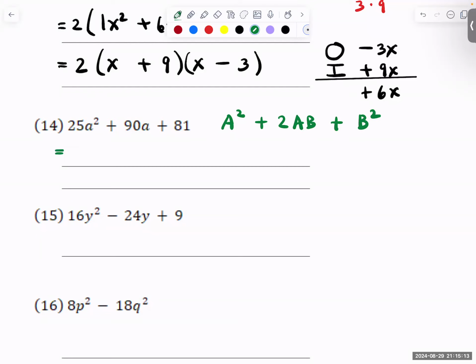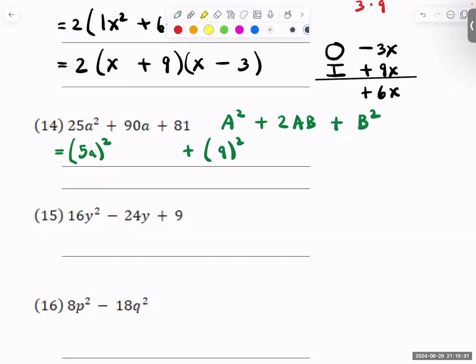Now we could think of this as the square of 5a, quantity squared. And 81 is 9 squared.